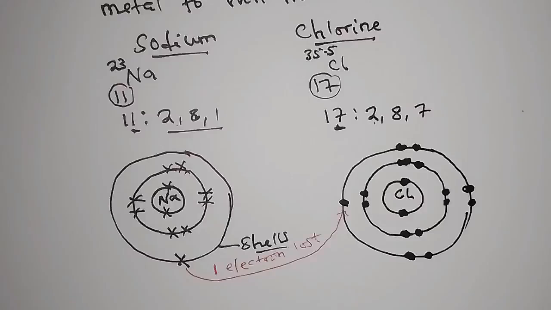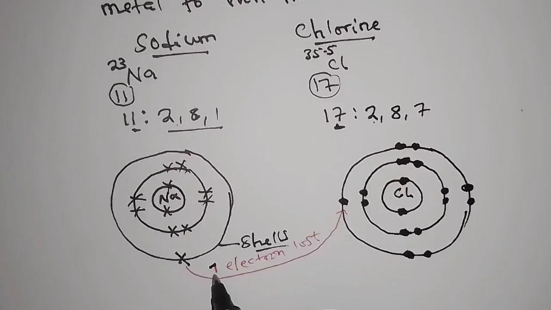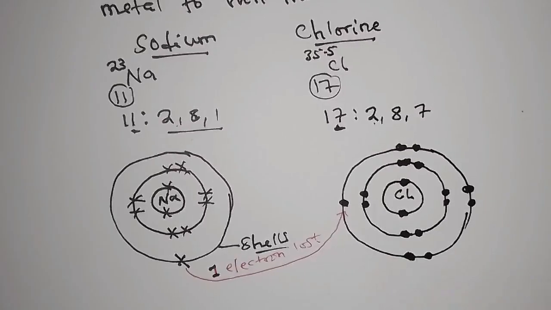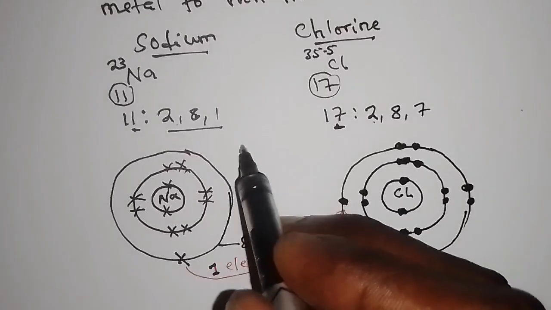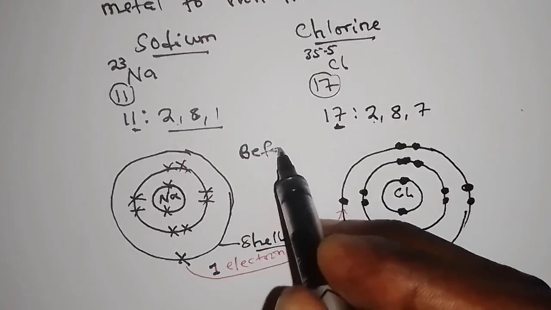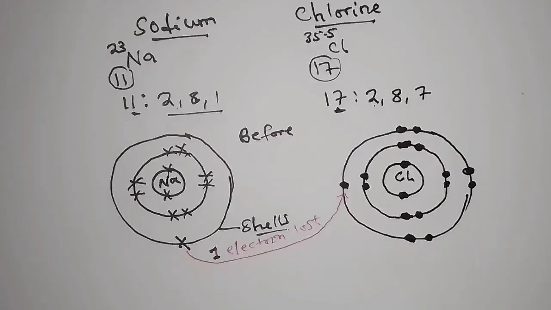So 1 electron must be lost to the chlorine. This is before they combine or form the bond.